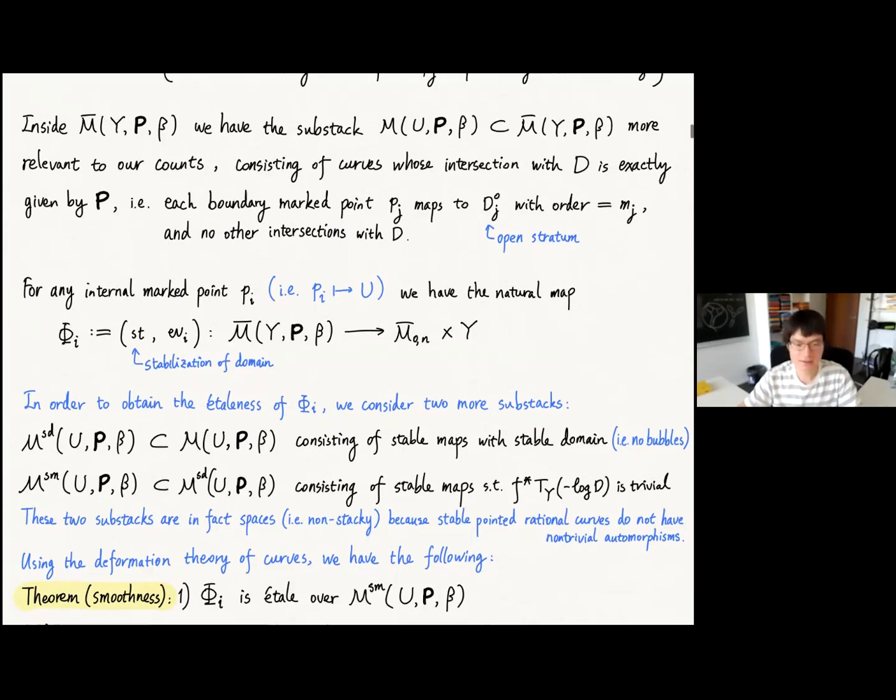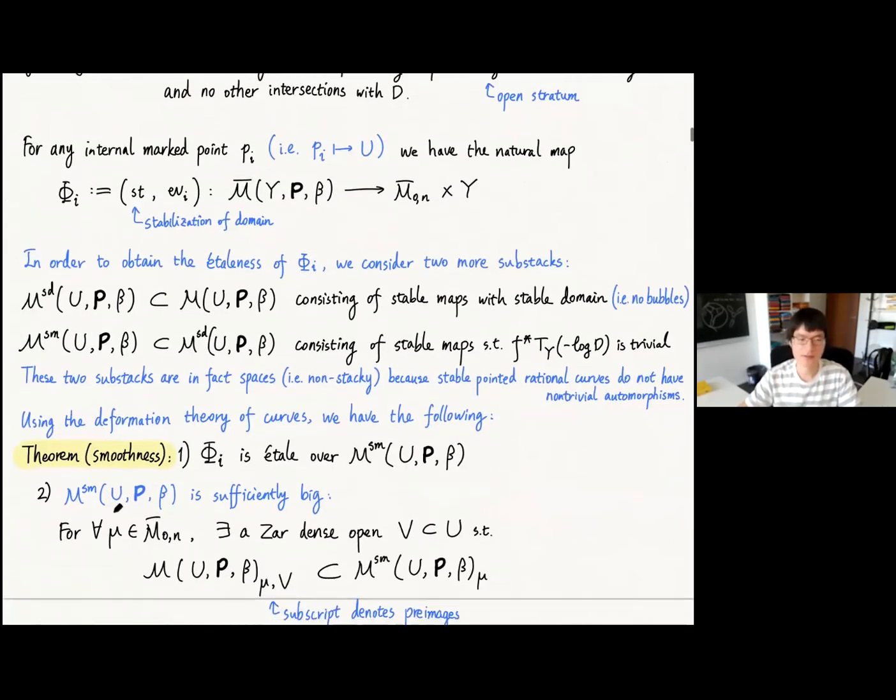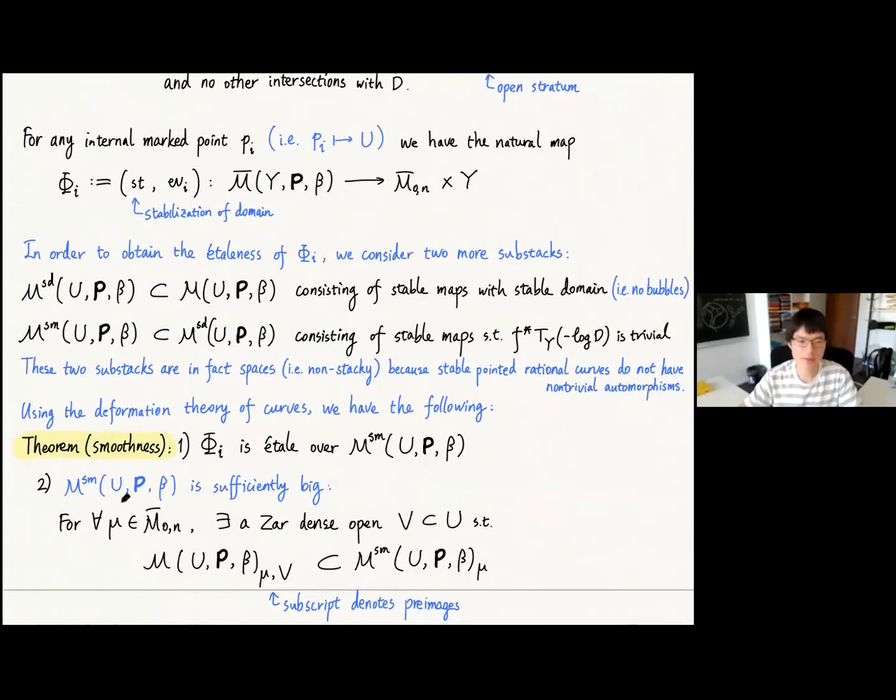We have the following smoothness theorem. First, phi I is étale over the subspace M smooth. And second, this subspace M smooth is sufficiently big. If M smooth were empty, it would not be very useful.